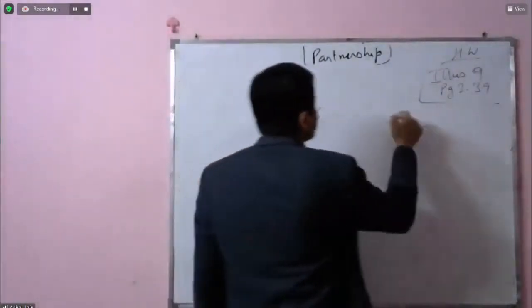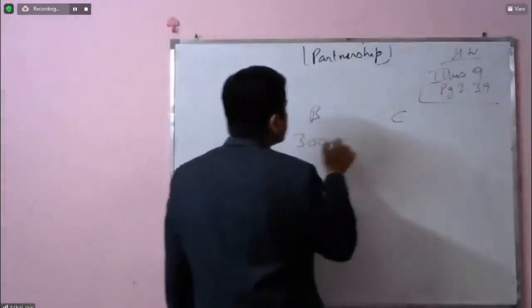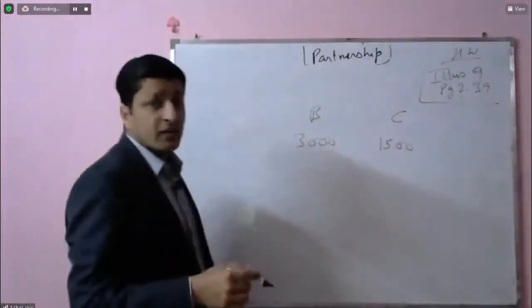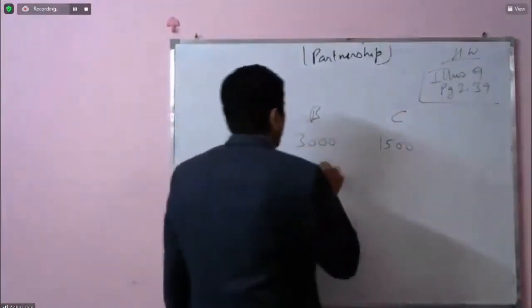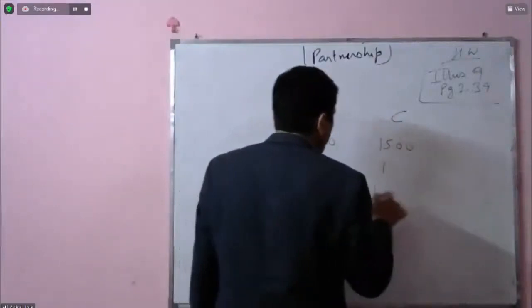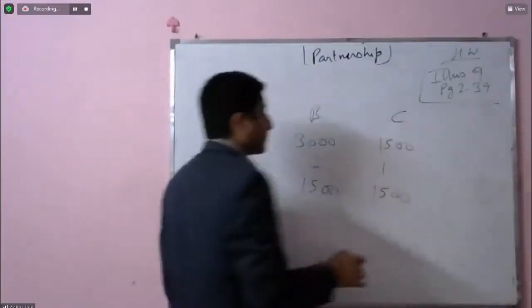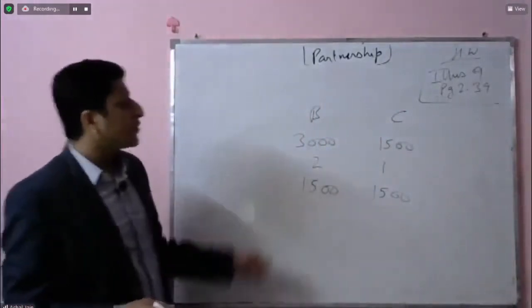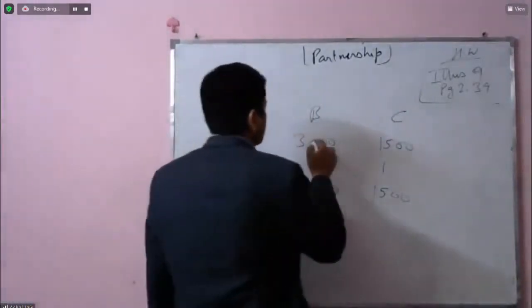For B and C, when it came out to 3000 and 1500, once again, what did I check? I checked whether it's in their profit sharing ratio or not, which came out to 1500 as a base for both of them. Okay. Let's suppose if this was 3500.